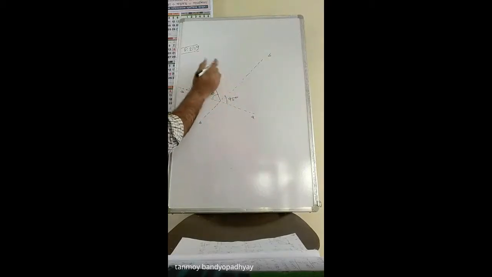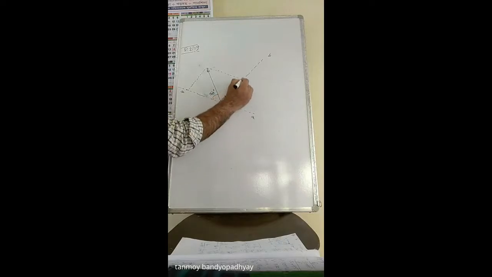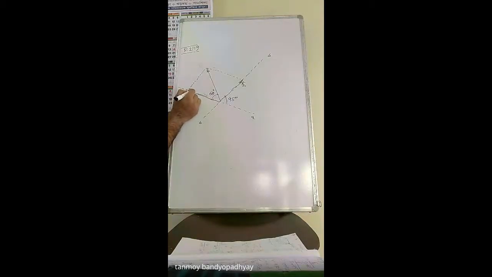So let me be more clear, this is parallel to the A cap direction. So these will be the two components. This one will be FB and this component will be FA.